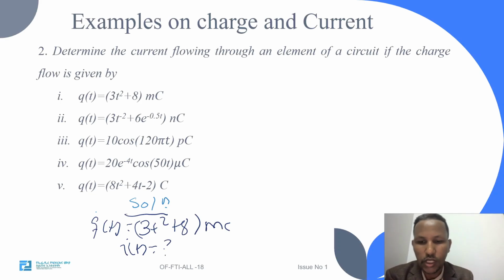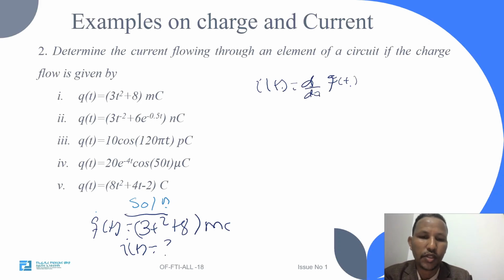Okay. So now let's consider the definition. i of t is given by d by dt of q of t. So d by dt of 3t squared plus 8 millicoulomb.